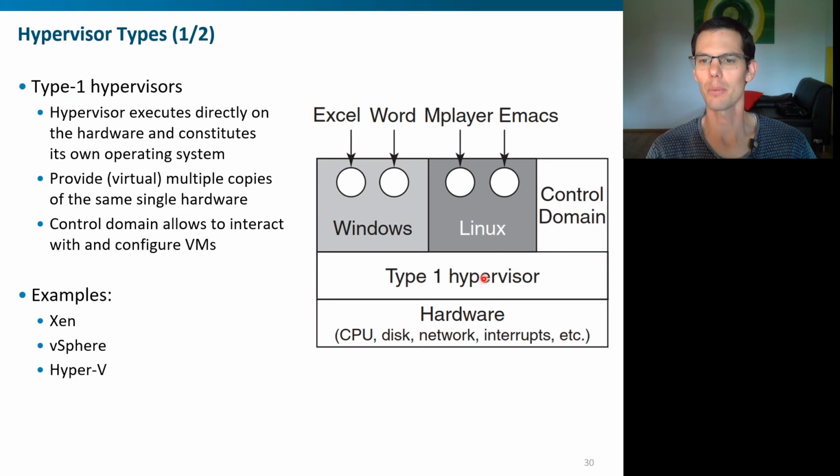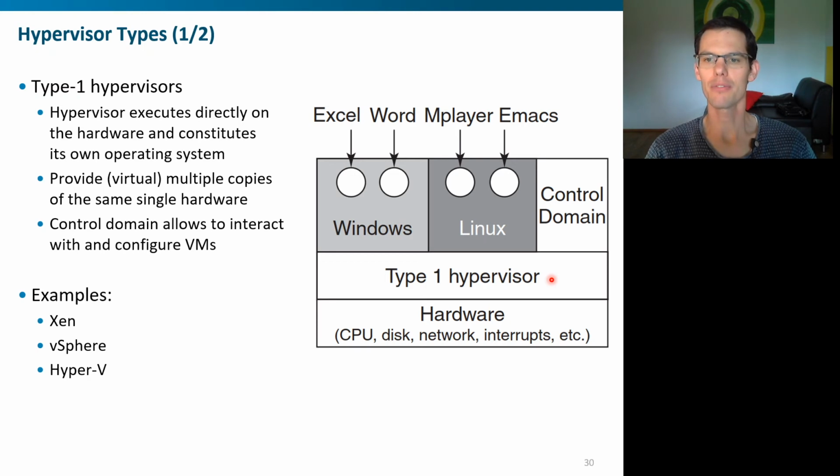Essentially the type 1 hypervisor presents the same hardware to these VMs, and it is not necessarily required to intervene with each and every hardware interaction. Actually, to be most efficient, you would like the type 1 hypervisor to refrain from any interaction, because this would always mean a context switch from the VM to the hypervisor, which is quite costly.